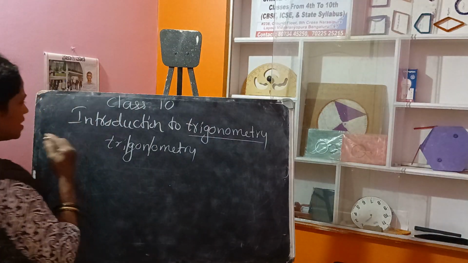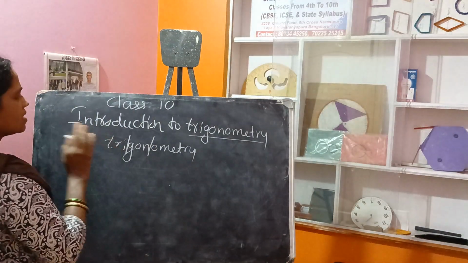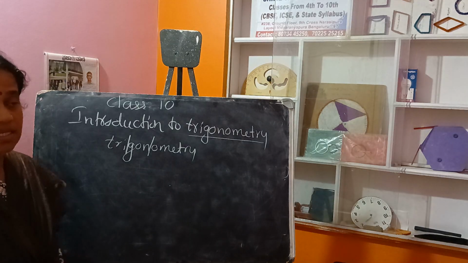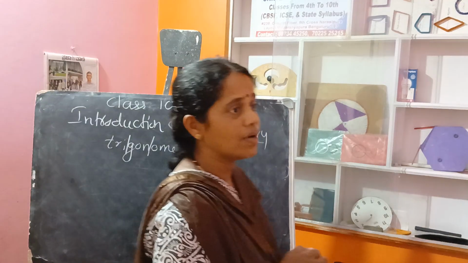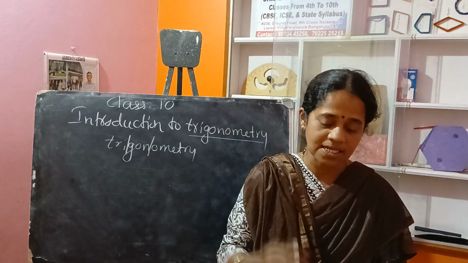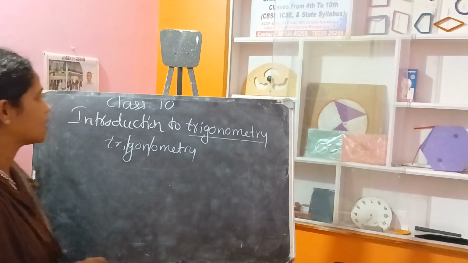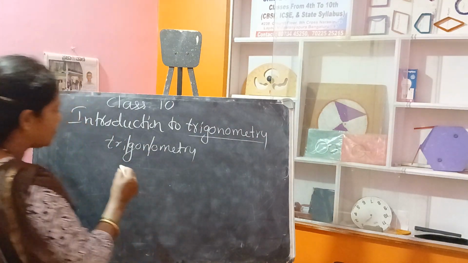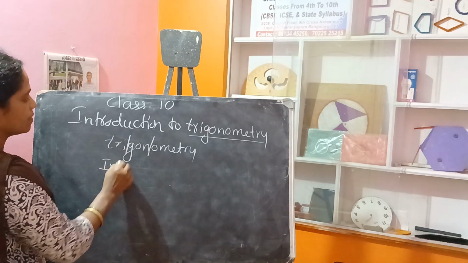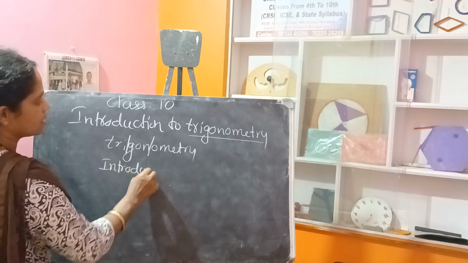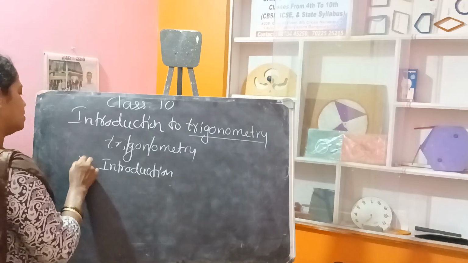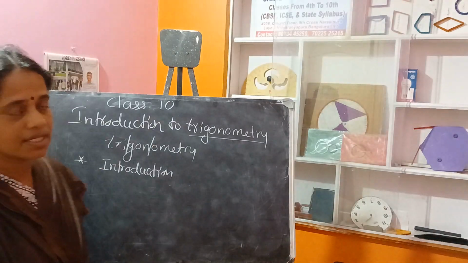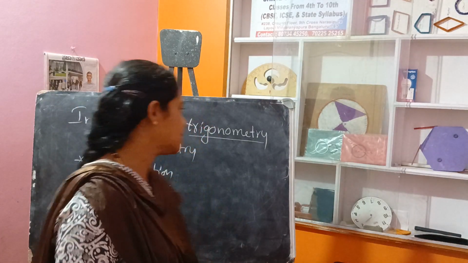Yes. What is there in this lesson? What are you going to learn under this chapter? Obviously, the introduction about trigonometry. Under that, you are learning about the meaning and definition of the word trigonometry and some basics under this chapter.